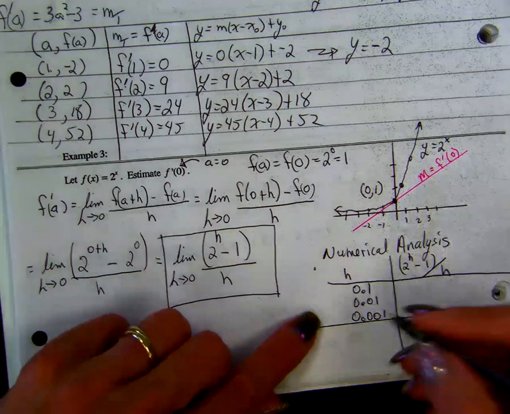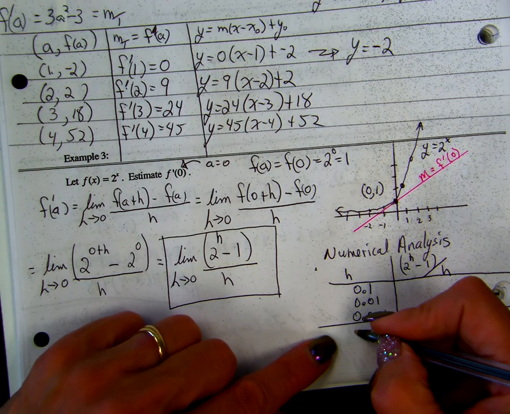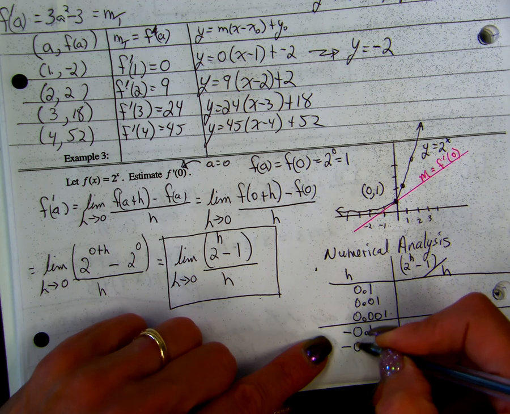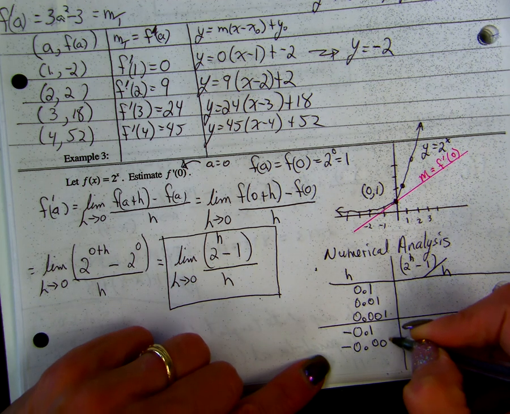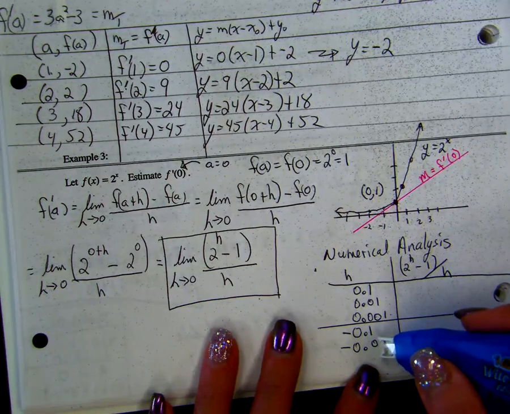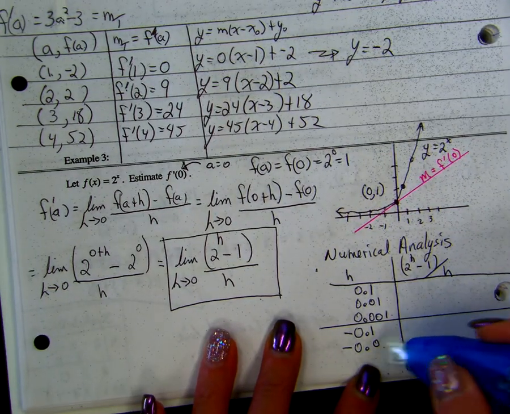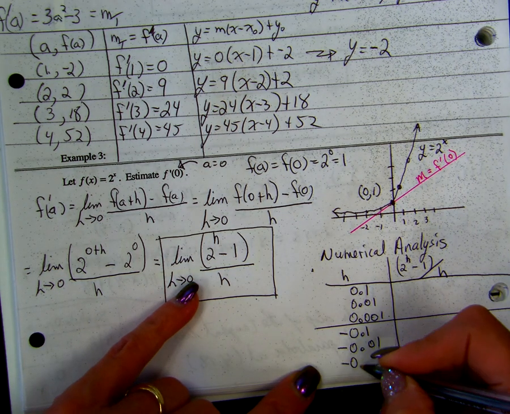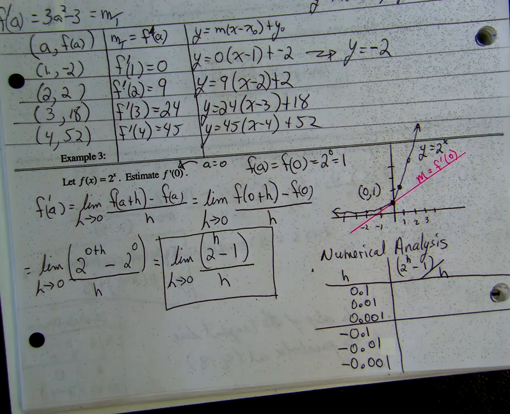And then if I'm approaching from the left-hand side, I'm choosing values close to 0, but just a little bit smaller. I wanted to see the pattern developing here, so I'll go 0.1, 0.01, and 0.001, and negative 0.1, negative 0.01, and negative 0.001.